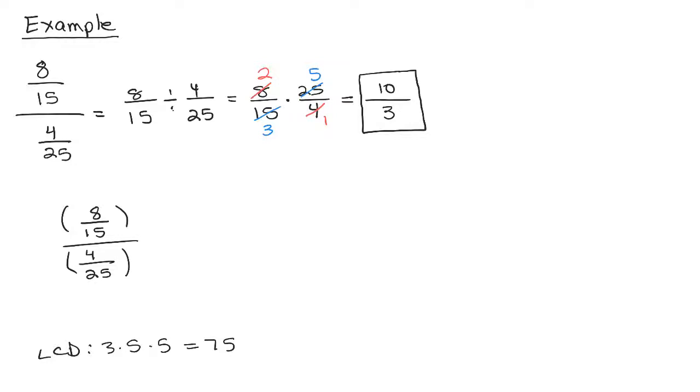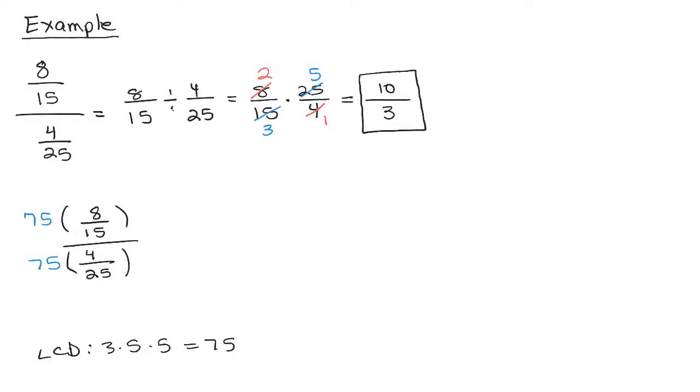You could call it the least common multiple of the denominators or just the least common denominator. So you multiply the whole numerator by 75 and the whole denominator by 75. This is simply making an equivalent fraction because 75 over 75 is like multiplying by 1.